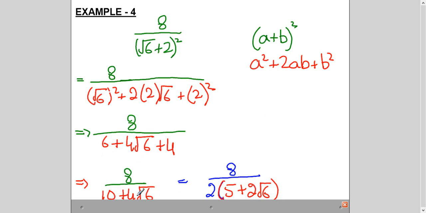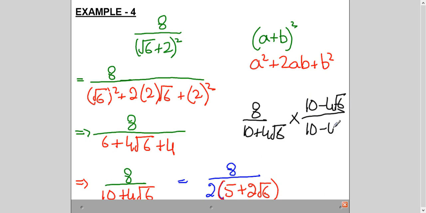So you will get 10 plus 4 root 6. Now, if you want to take conjugate here, you can, right? But what I have done, I have simplified it. So if you want to take conjugate here to simplify it, what you will do: 8 plus 10 plus 4 root 6, multiply and divide by 10 minus 4 root 6.